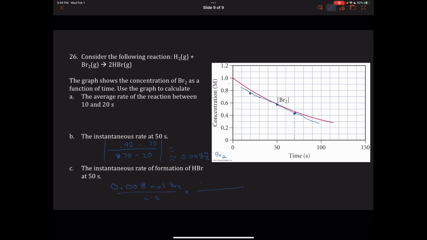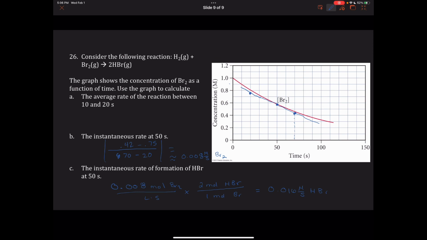Looking at our balanced equation, it's 2 moles of HBr over 1 mole of bromine, which will give me a rate of 0.016 molarity per second in regards to HBr. So again, we're seeing twice the rate, and we would expect twice the rate because for every 1 bromine I use, I'm forming double that amount of hydrogen bromide.